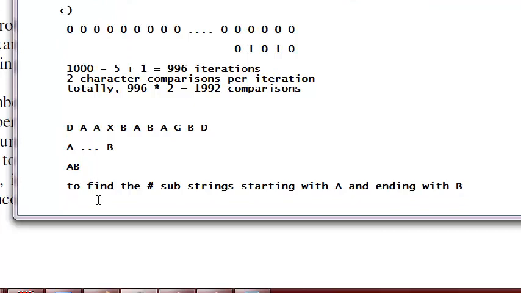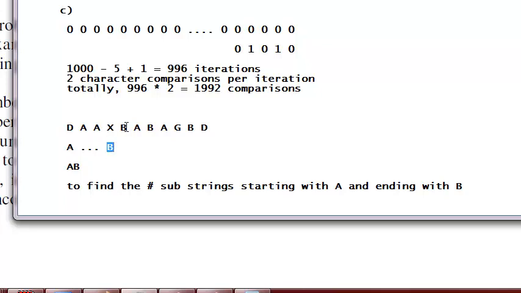All right. So the logic is we do one traversal, going through this list once, left to right, character by character. We want to count the number of substrings that end with a B, right?